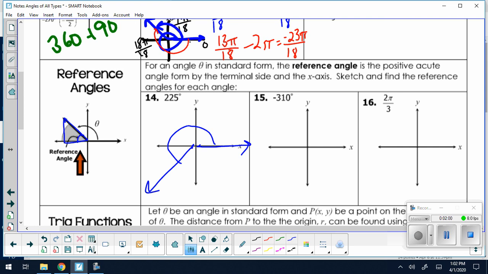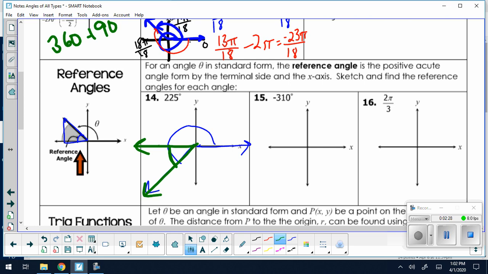Now you're going to find the closest x-axis to that, which is that one. This right here is my reference angle. So the terminal side stays the same. What changes is that initial side. Sometimes it's going to be the positive x-axis, sometimes it's going to be the negative.